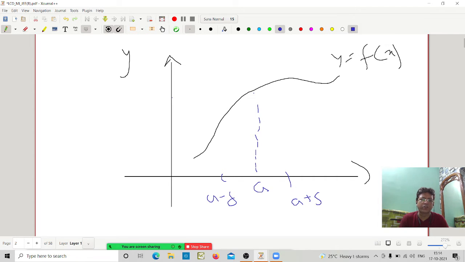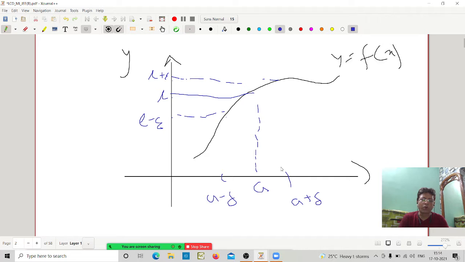It's a very small neighborhood of a, and the corresponding neighborhood of the point. So for a, suppose the value of the function is L. So you have a very small neighborhood of L, that is L minus epsilon and L plus epsilon.